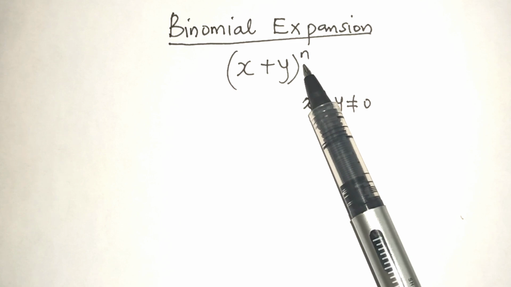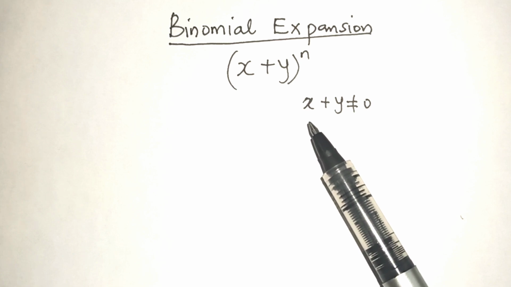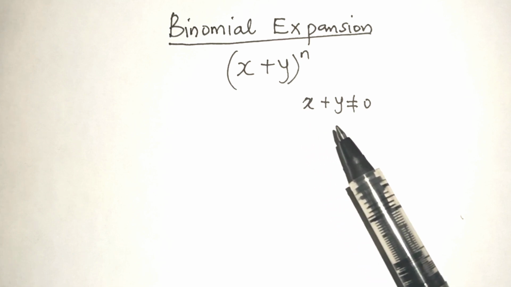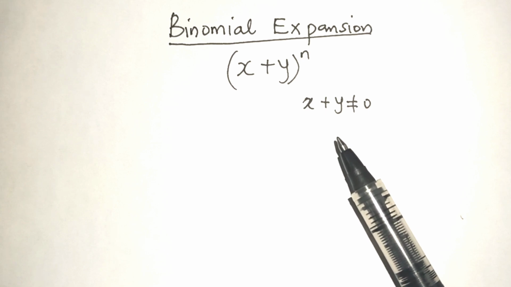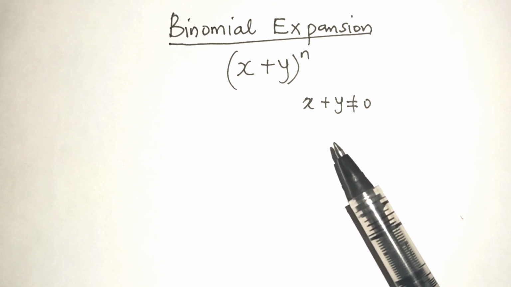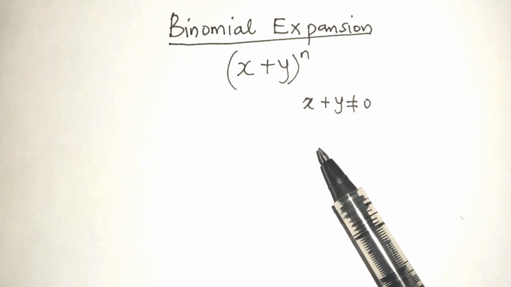When n is a small positive whole number such as 1, 2, 3 and so on, the expansion may be relatively simple. But for large values, negative values or fractional values of n, the expansion may not be as simple. The binomial expansion is useful in the expansion of these binomial expressions.